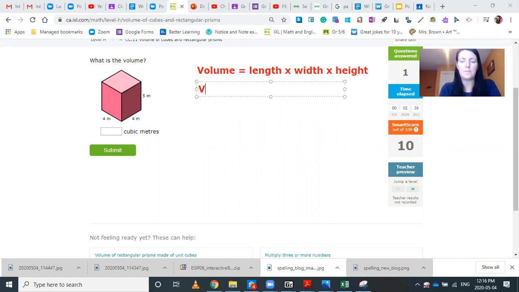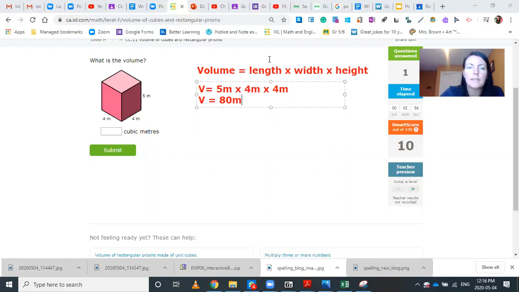So volume, in this case, we've got 5 meters, multiplying that by 4 meters, and multiplying that by 4 meters. So you can use your calculator: 5 times 4 times 4, all in one go, you get 80. You've got meter, meter, meter, so that is meters cubed, as a power of 3, or cubic meters.